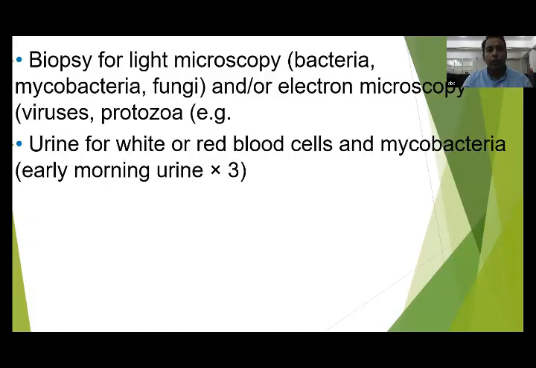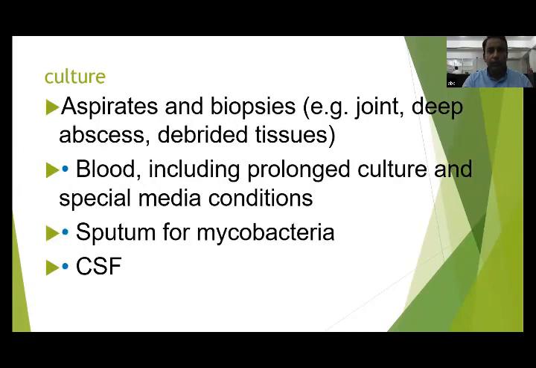Biopsy of all for light microscopy, bacteria, fungus, urine examination. Then cultures: blood cultures, urine cultures, stool cultures, any joint aspirate cultures, and any pus. If you aspirate any pus from an abscess, send cultures.